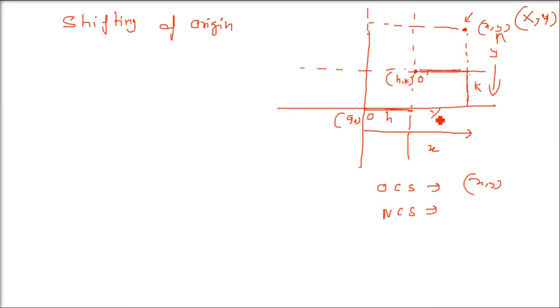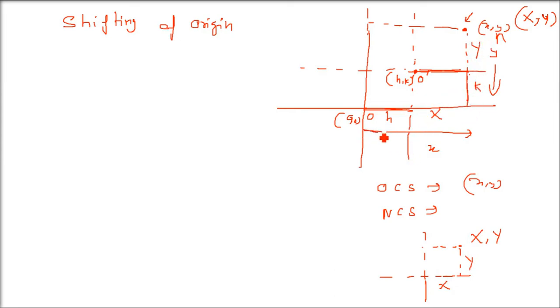This is capital X. Just forget about the previous coordinate system and take the new coordinate system. On the new coordinate system, this point is now capital X, capital Y. So capital X is this distance and capital Y is this distance.